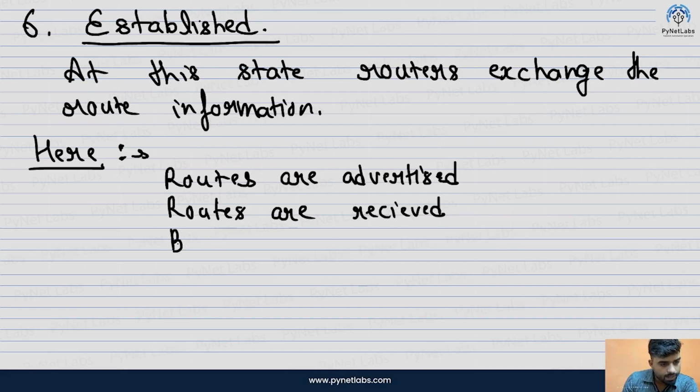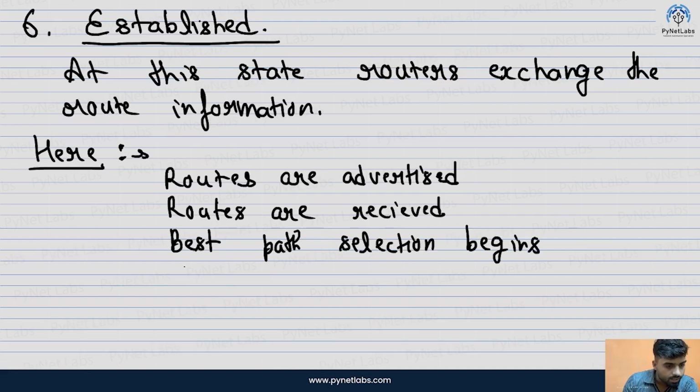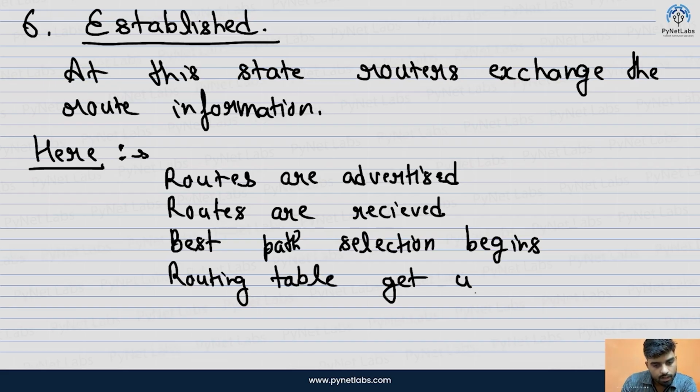Then best path selection will be done, which is one of the most important things. Best path selection begins here, and finally the routing table gets updated. So these are the 4 things which get done at this state, which is known as the Established state.